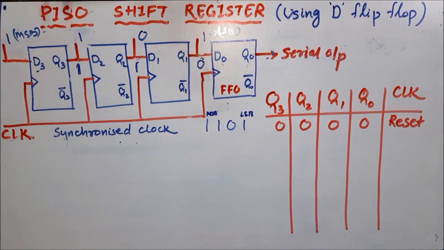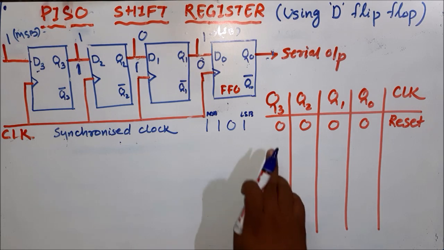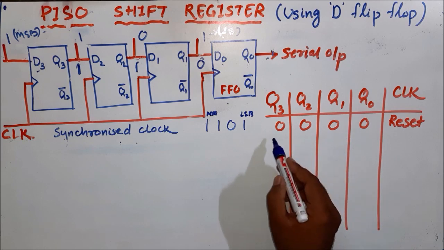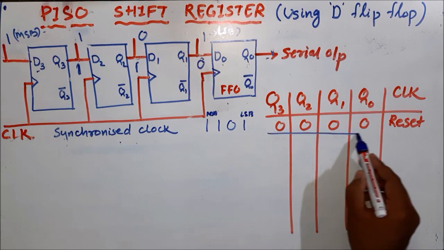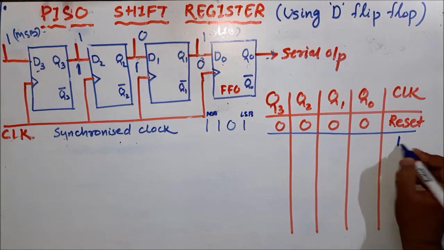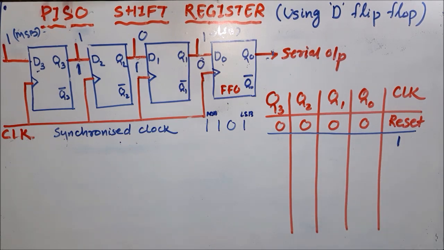Previously, before applying anything, I reset all the flip-flops. That means the output of each flip-flop becomes 0. So Q3, Q2, Q1 and Q0 all become 0 when I reset it. When I apply the first clock pulse, remember that a D flip-flop always routes the input to the output with some time delay.